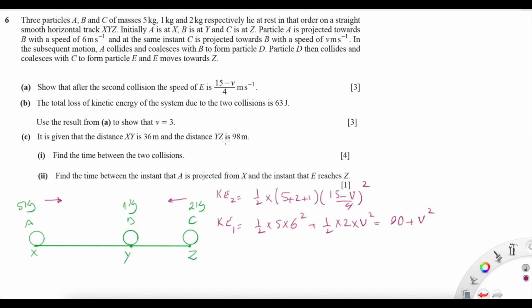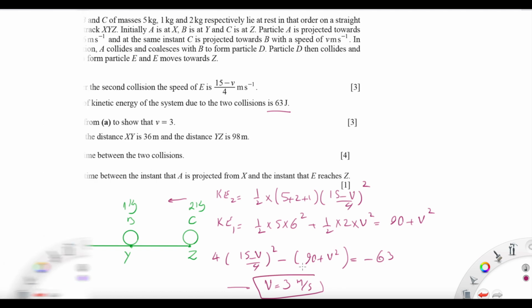As we have a loss, the final kinetic energy, which is 1 over 2 times 5 plus 3, 8, 8 divided by 2 will be 4, times 15 minus V over 4 squared, minus the initial one, which is 90 plus V squared, is supposed to be negative 63. As it is lost, it is negative. So solving this quadratic equation, V will be 3 meters per second.